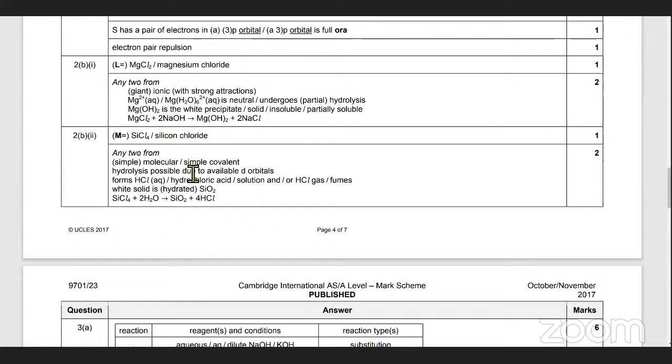Then the other one had a low melting and boiling point, so it was a simple covalent, not the first two.